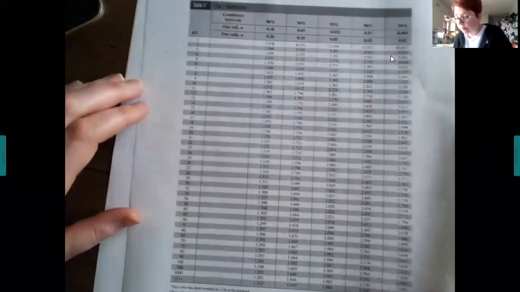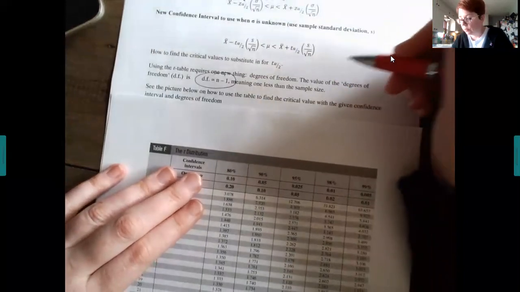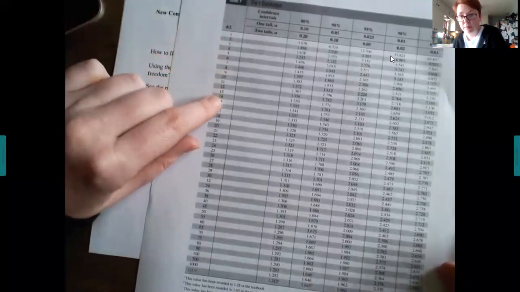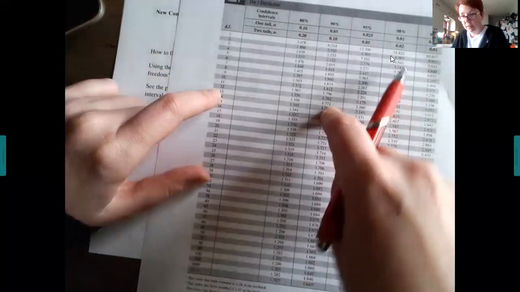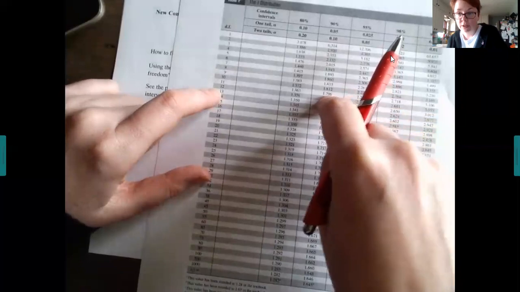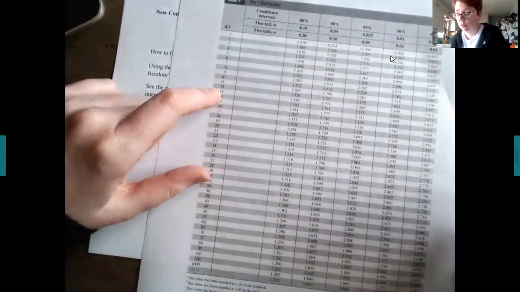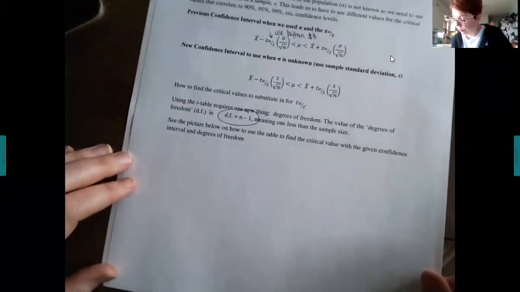The degrees of freedom is always n minus 1. So whatever our sample size was, we take one less than that. We go to this column, and then we go over to whatever level they tell us. So if they say 90%, we would look at the 90% column, okay? And that's the number we use. Rather than a Z score value, we have what's called a T score. Why, I don't know, but they label it what they do.